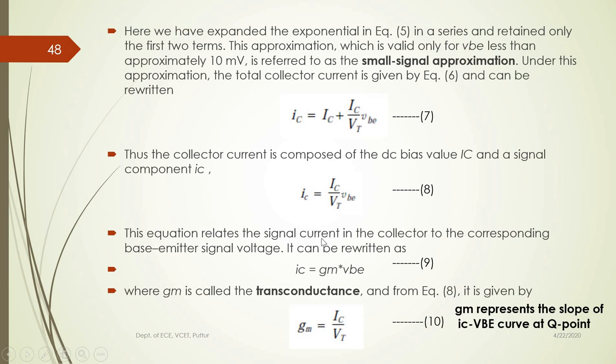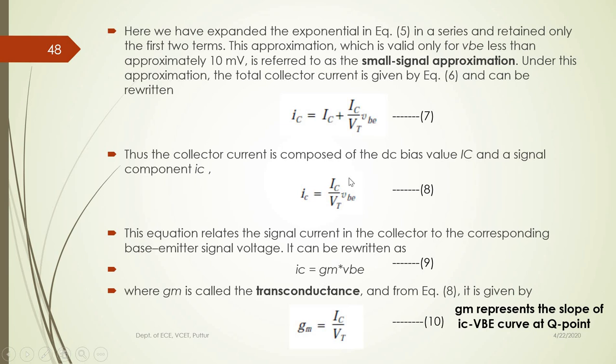So this equation relates the signal current in the collector to the corresponding base-emitter voltage. So they are writing this equation as AC current, small letter ic, is equal to gm into vbe.